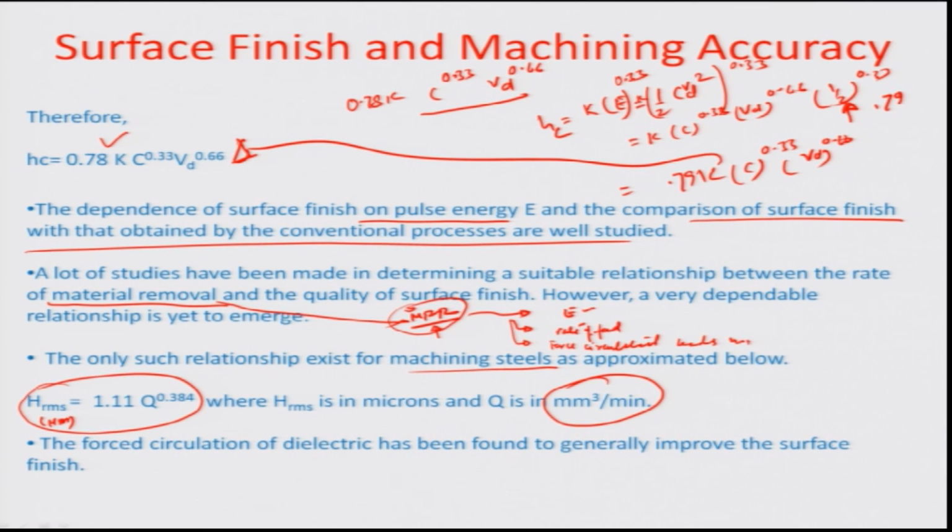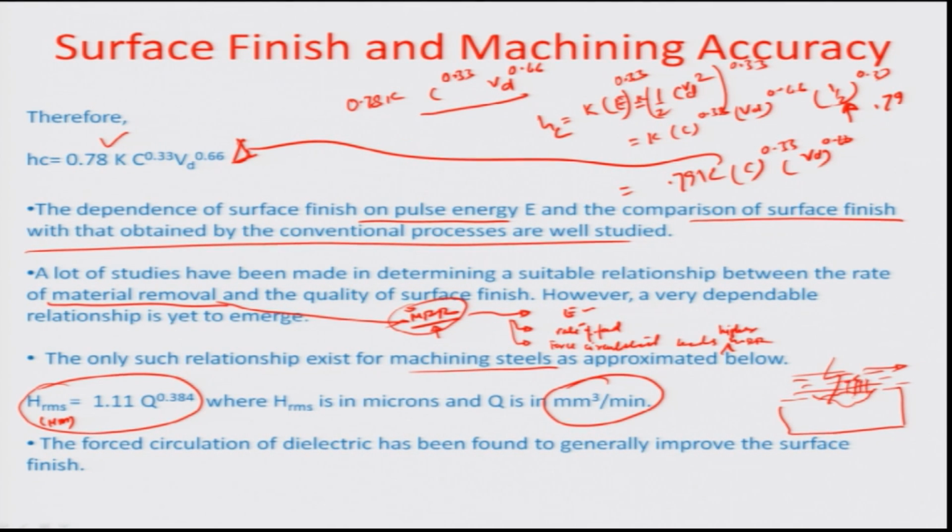because as you are already aware, in case of ECM also the same thing happened, that as the electrolyte was circulated at a higher velocity, the material removal rate would improve. In this case also a similar kind of thing happens, because obviously whatever material has been cratered and melted inside the surface because of the discharge of a spark still remains there and diffusively moves into the dielectric which is over it, and flowing this dielectric at a higher velocity would mean a faster diffusional process.